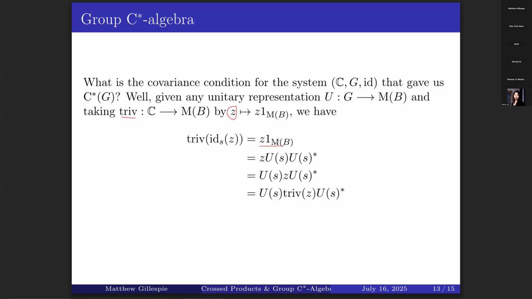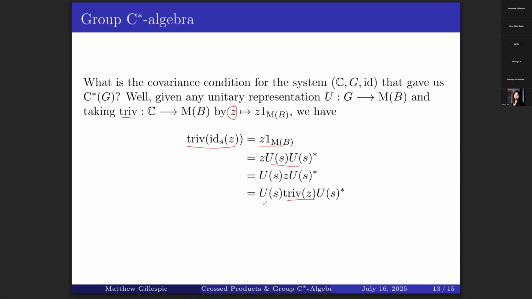Now, 1 is equal to U of S times U of S star, because U is a unitary. And since Z is a complex number, I can move the number inside of this product, which gives me this. But this is exactly equal to the trivial representation applied to the complex number Z, because it doesn't do anything. So what is this equation?